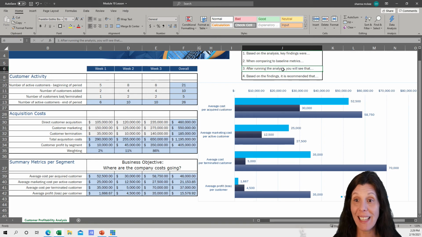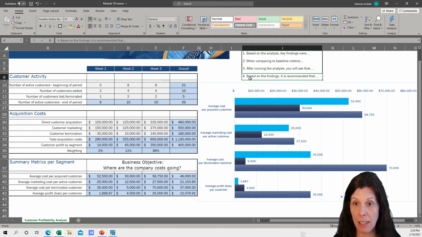After running the analysis, we will see that week 1 isn't the best and it isn't the lowest across cost per customer category. So here we are letting our requester know the breakdown of costs. The customer knows where the cost is going, not only by customer category, but also by that of week.